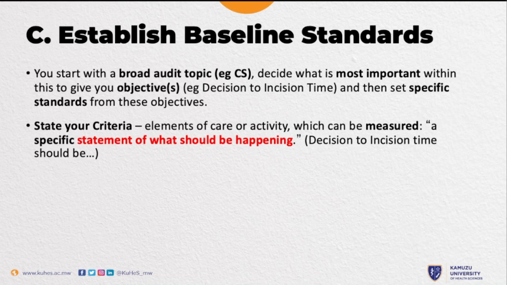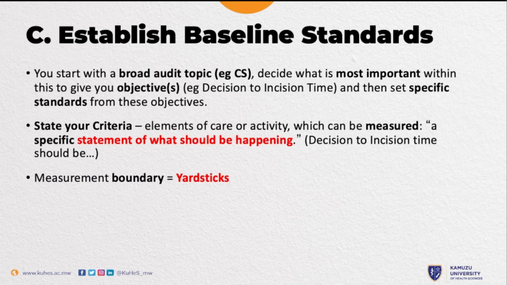You want to do a statement saying what should be happening according to that topic of yours. I put there an example: decision to incision time for C-section. You took the decision to do a C-section, and how much time does it take to do the skin incision. So decision to incision time should be, so that is a criteria that you are making.